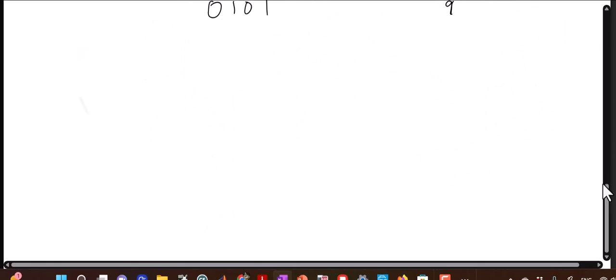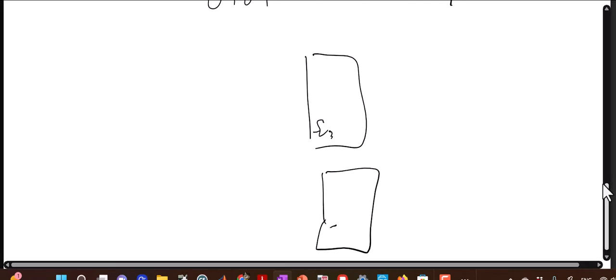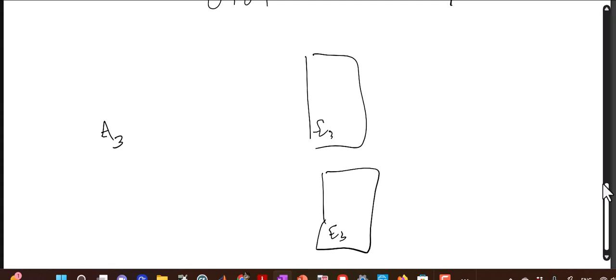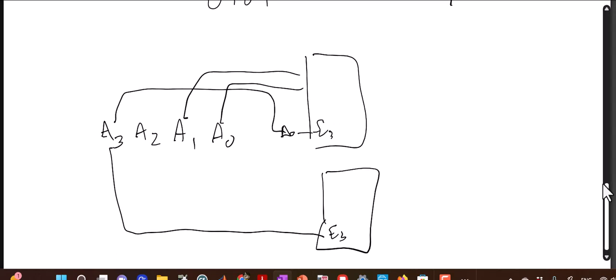So if I have my two decoders, E3, E3, and I have my number A3, A2, A1, A0, I need the not of this to go into that one, and it just to go into this one, and then A0, A1, A2.